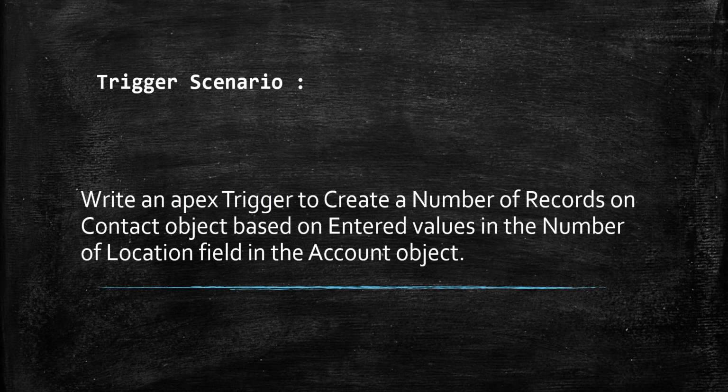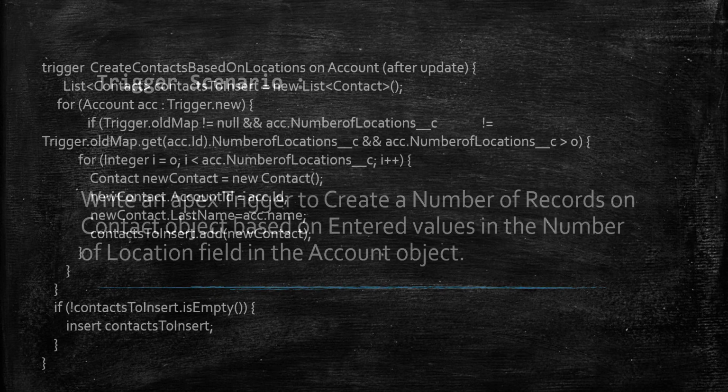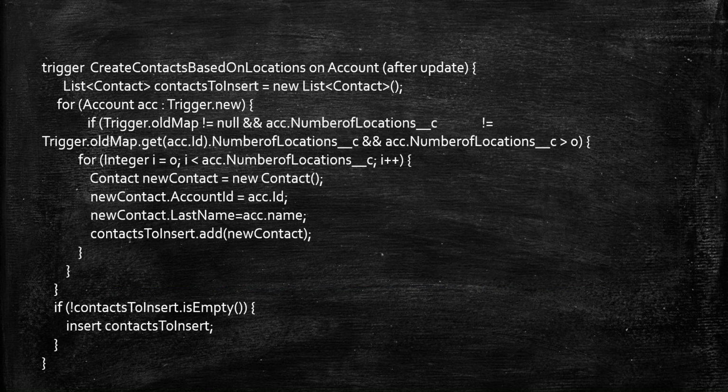Trigger scenario: write an Apex trigger to create a number of records on a contact object based on the entered value in the number of locations field in the account object. Here is the solution: trigger ContactCreateBasedOnLocationsOnAccount, after update.